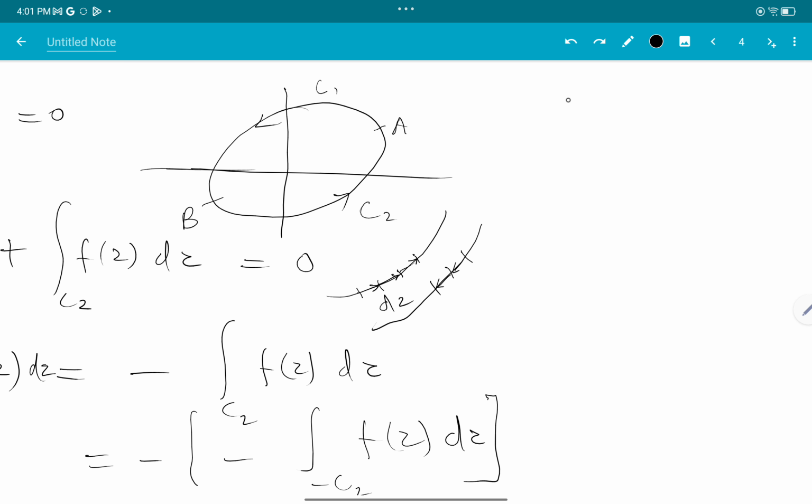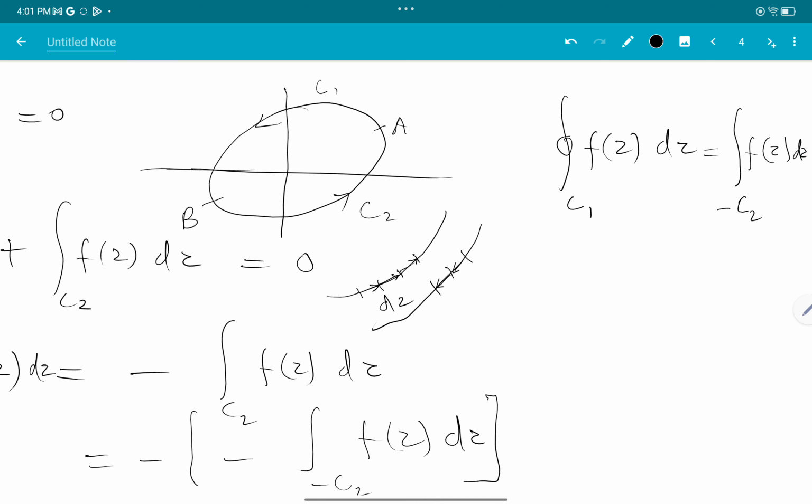We have our first integral, f(z) dz along path C1, and now we found that this is equal to minus minus, that is equal to plus, the integral along minus C2 of f(z) dz.